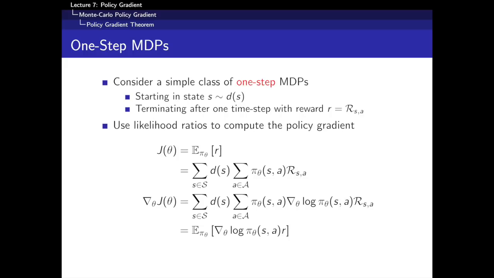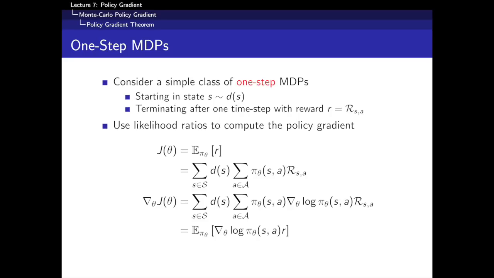So we could push the gradient right in to the gradient just of this term here, and expand that using our likelihood ratio trick. So the gradient becomes now the policy multiplied by the gradient of the log policy multiplied by the reward that you get. And so this is, again, now an expectation. That's the whole point of using the likelihood ratio trick.